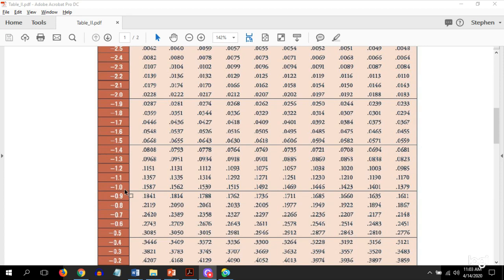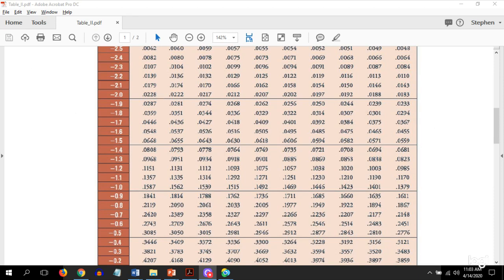That's as good as we can do. So there's negative 1.00, negative 1.01, negative 1.02. So that is the proportion of observations to the left of a z-score of negative 1.02, right? So then, got to remember that, 0.1539.